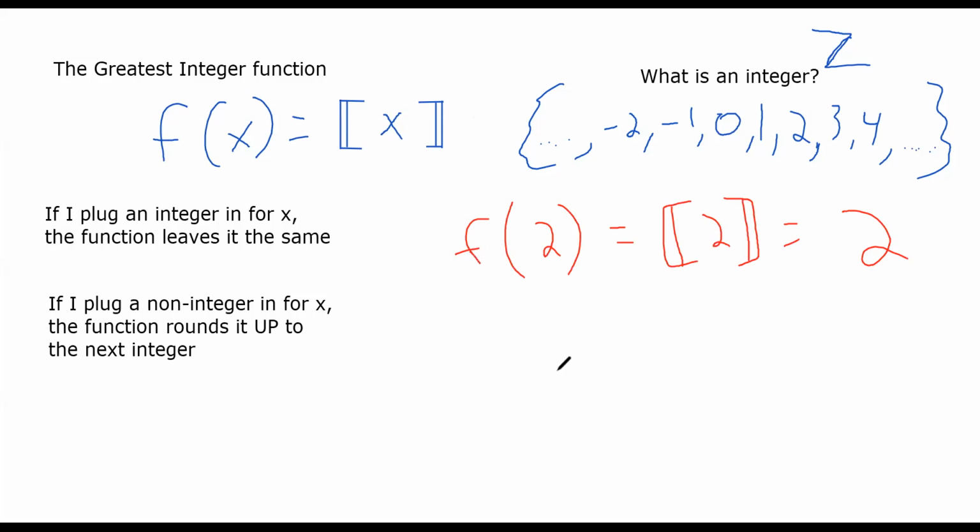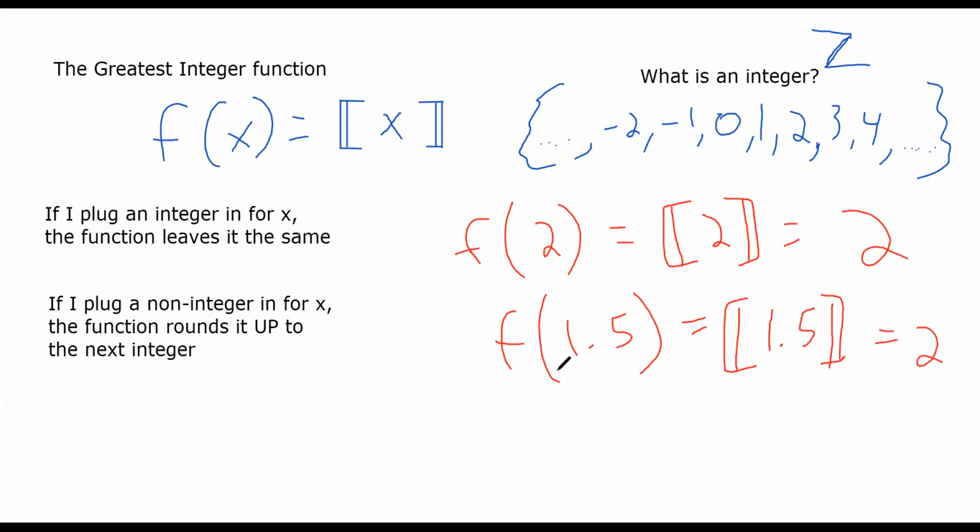But things get interesting when I plug in non-integers. 1.5 is not an integer. It's going to round 1.5 up to 2, to the next greatest integer.